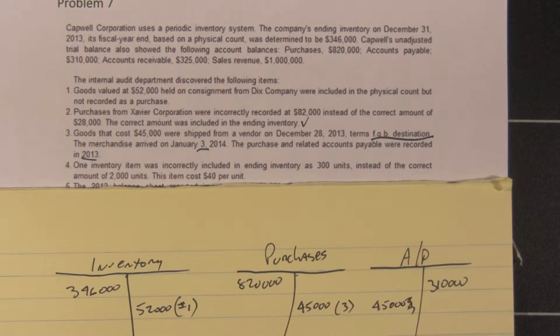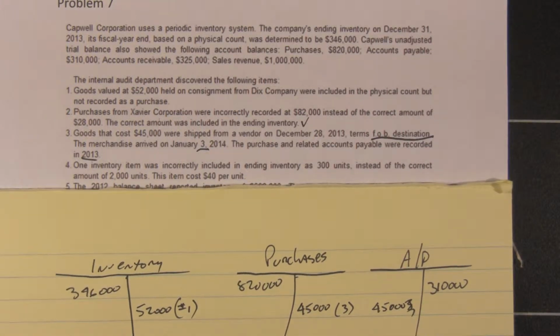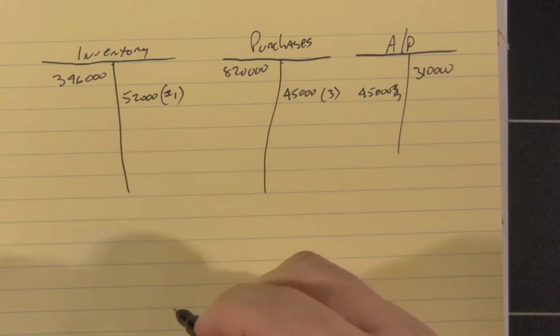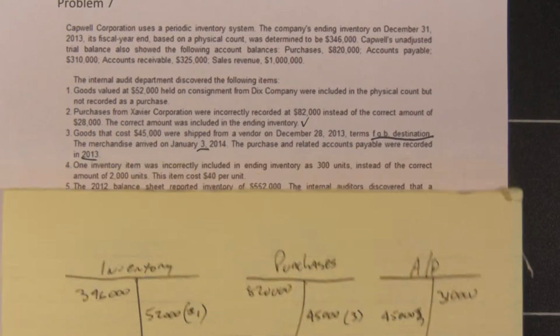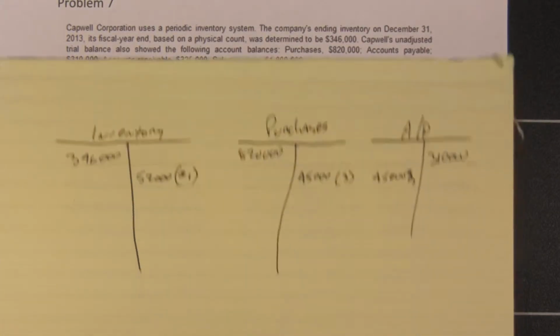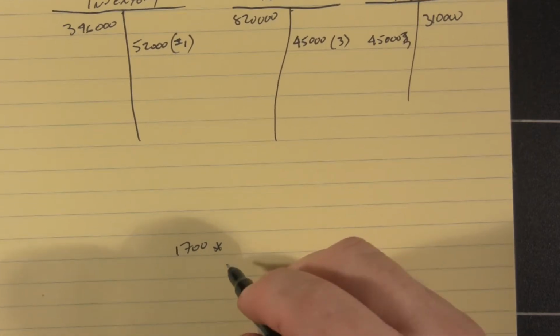Now let's see. One inventory item was incorrectly included in the inventory at 300 units instead of the correct amount of 2,000 units. So there's a 1,700 unit difference. So we need to take 1,700 units times how much? $40 per unit.